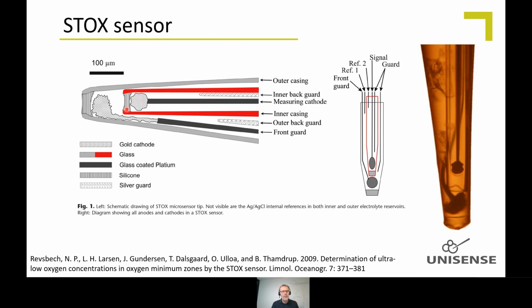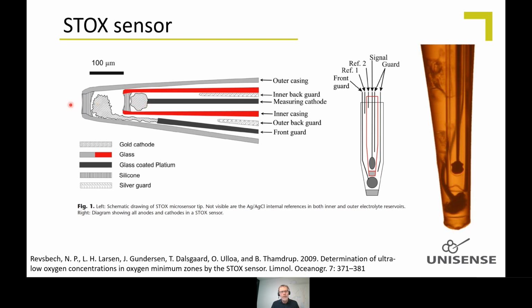It has a silicone rubber membrane in the front. This is placed inside another sensor, which we call the front guard, which also has a silicone rubber membrane here and a large porous gold cathode here. When this gold cathode is switched on, it will catch all the oxygen entering the sensor, and no oxygen will get into the measuring sensor. So that will give a zero signal.